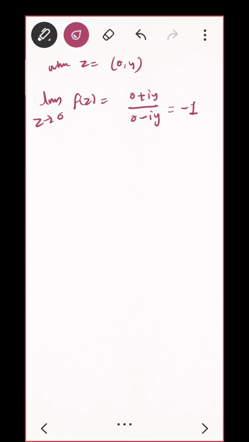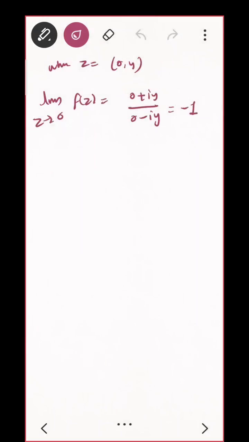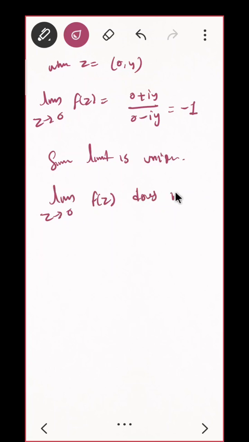So once I am going from the real axis I am getting 1, and once I am going from the imaginary axis I am getting -1. So what is my conclusion? Since the limit is not unique, we conclude that limit z tending to 0 f of z does not exist.